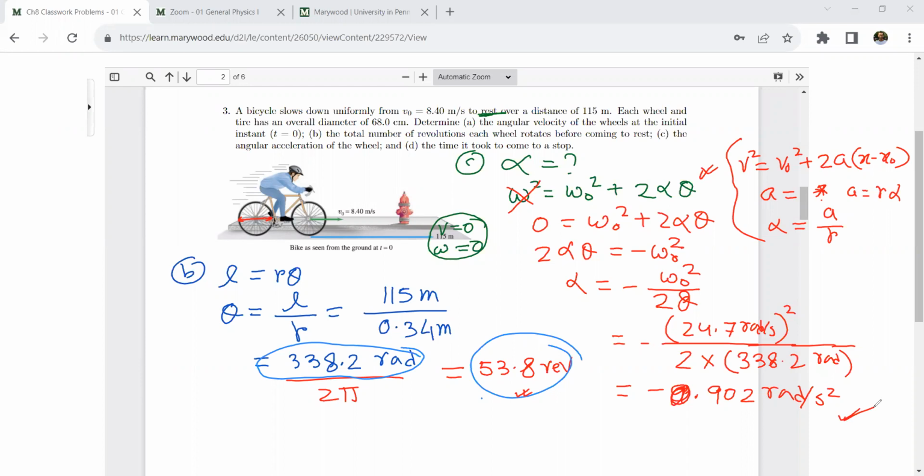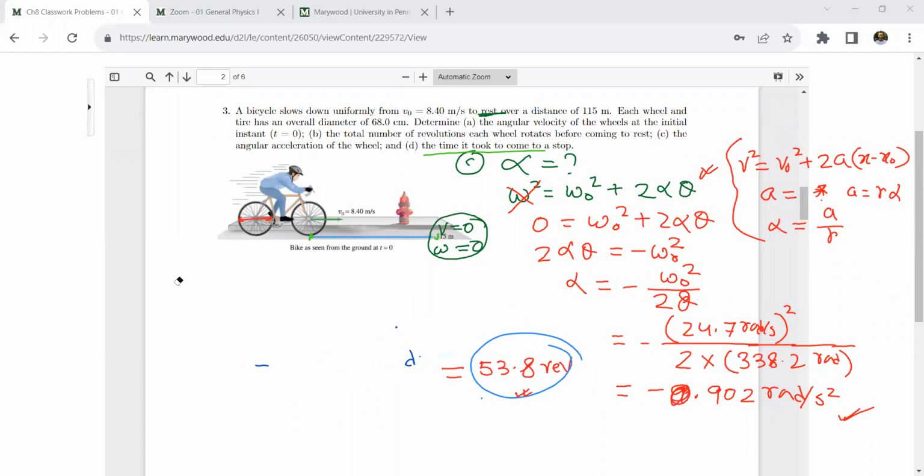All right, the last thing we have to calculate here is the time to go from here to here. Time can be determined by using this equation, omega equals omega 0 plus alpha t. This is 0.